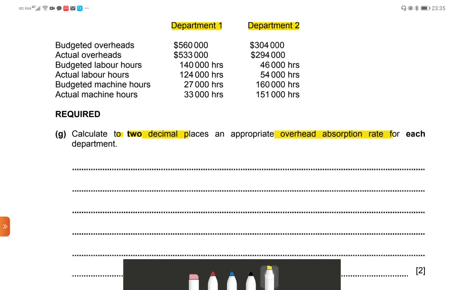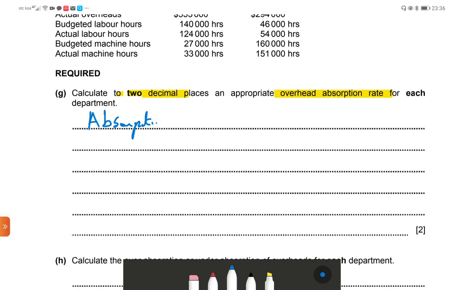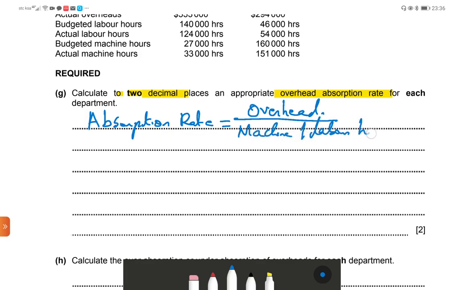What is the equation to calculate overhead absorption rate? Overhead divided by machine or labor hours. Absorption rate is equal to overhead divided by machine or labor hours, whichever is more, right?